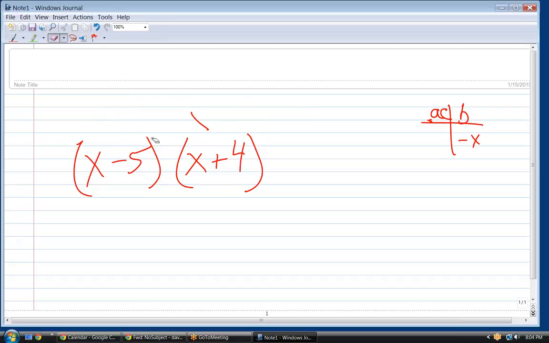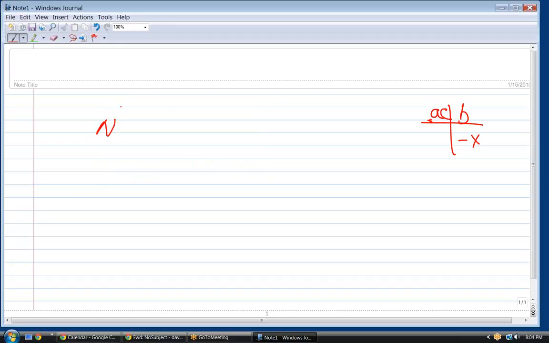And then the second one is m squared minus 6m minus 7. And then they're both m's. Sorry, it sounds like I'm saying n.